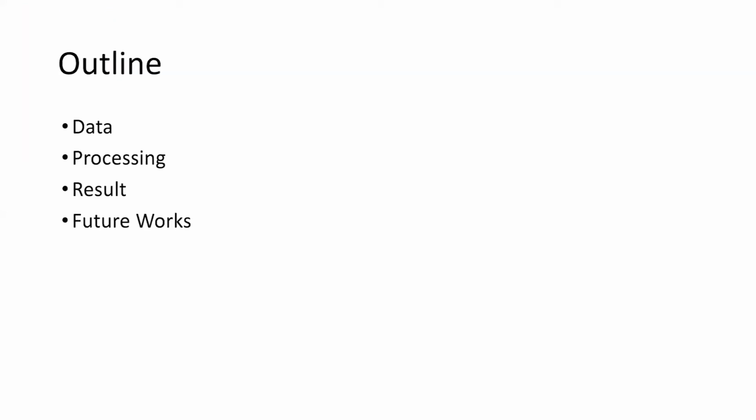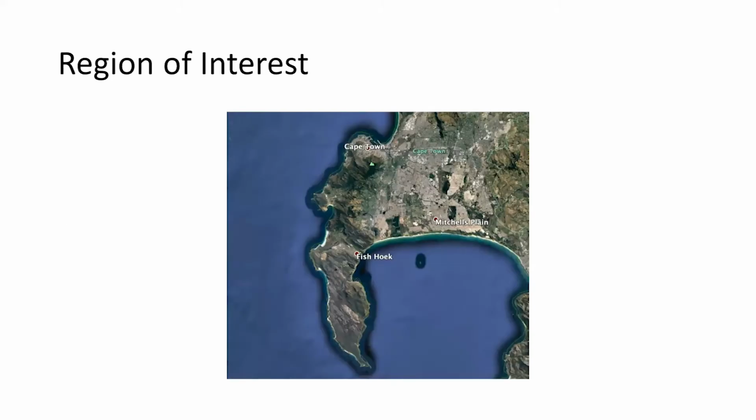So this is my presentation, and here's the outline. I'm going to talk about my mini project in these four steps. First, the data that I use in this project, then the processing using GMTSAR, and the results and some of my future work. First is the data. The study area I chose is Cape Town, South Africa.